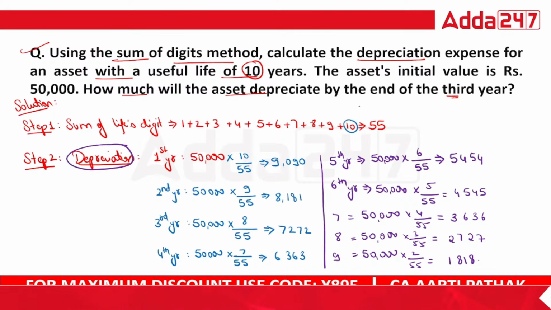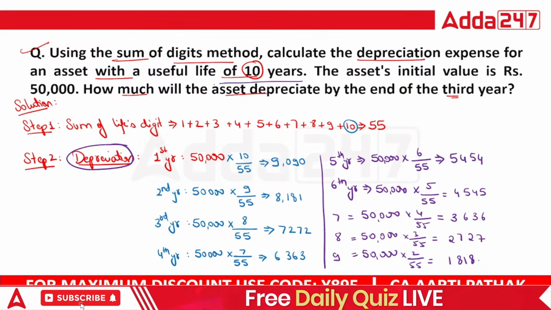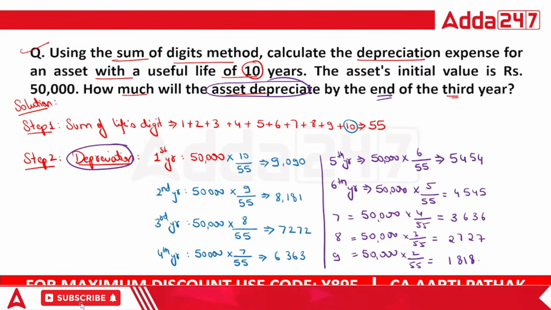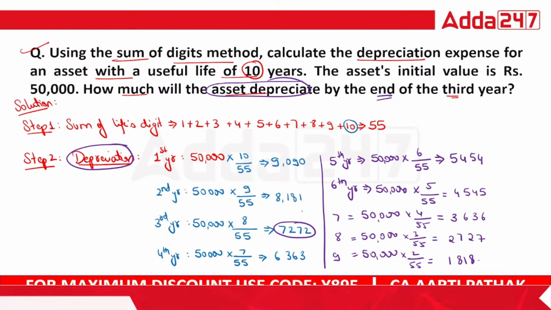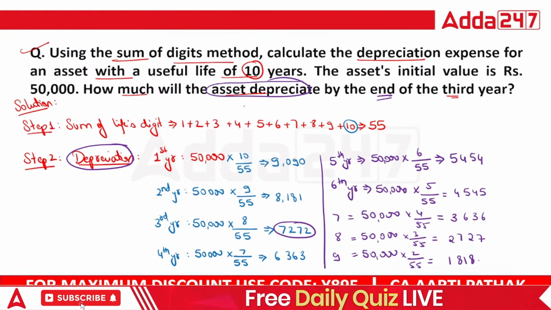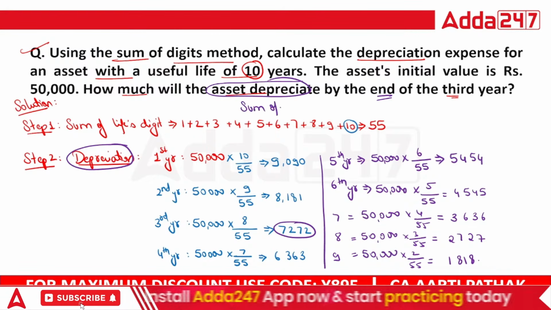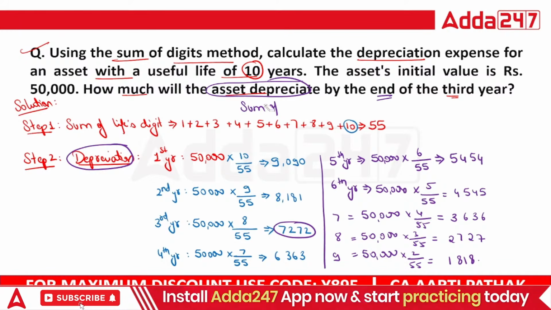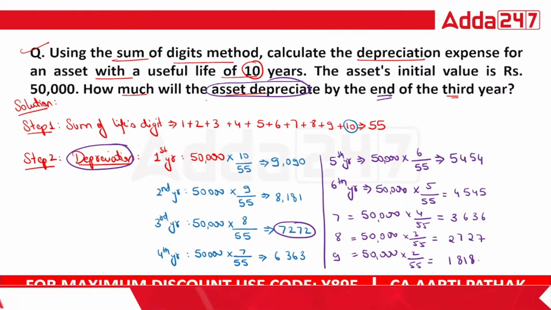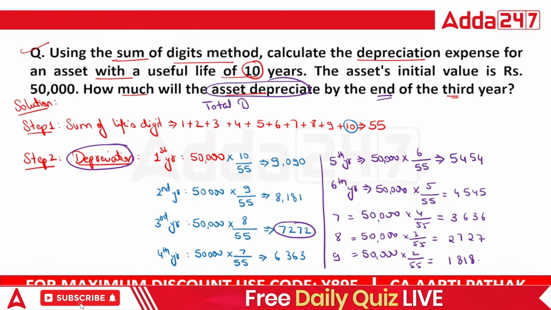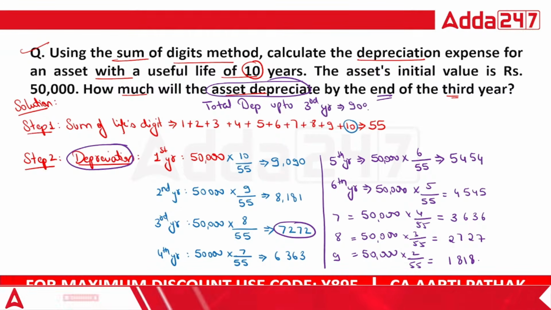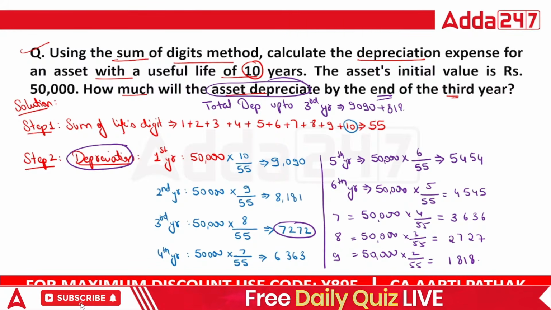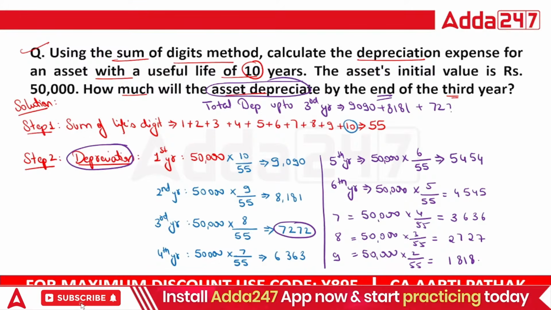But what is the requirement of this question? How much will the asset depreciate by the end of the third year? By the end of the third year, you are going to see 7272. If they ask for the total depreciation up to the third year, you are going to add all the values: 9090 plus 8181 plus 7272.